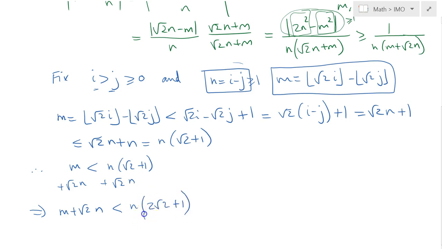In fact, I can rename this as c, so that would be just equal to c times n. So m plus root 2 n is strictly less than c n.